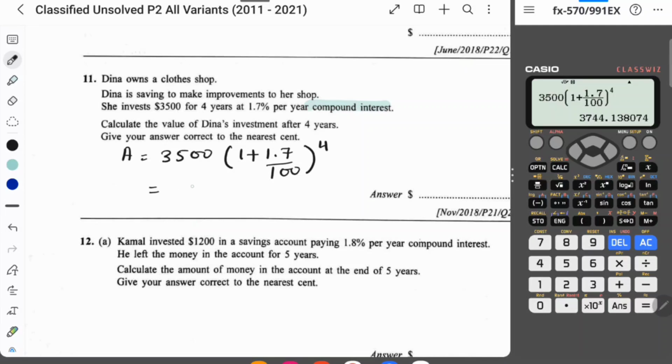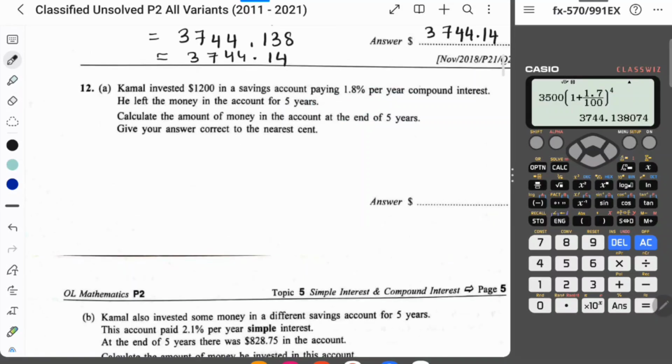Okay, I am rounding off to 2 decimal places. 3744.138 is approximately equal to 3744.14. So this is the answer, $3,744.14 is the amount.